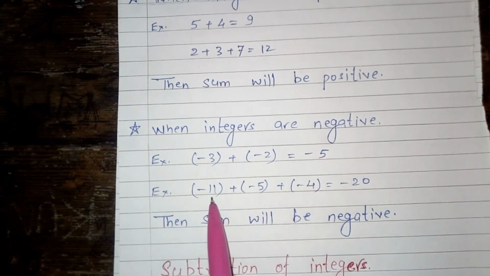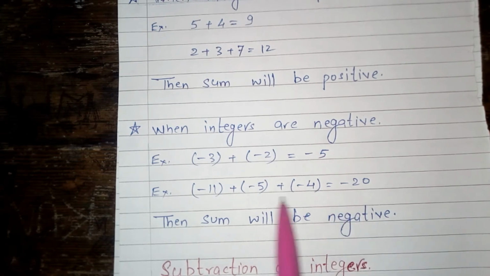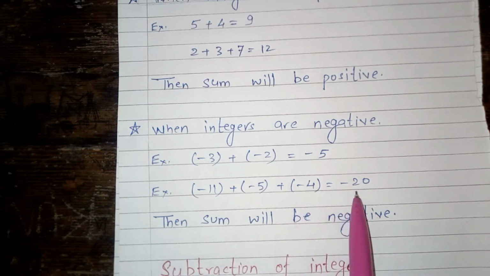Now look here, first integer -11, second integer -5, third integer -4. After adding you will get -20. As you know very well, the sum of negative integers is always negative. So the sum will be negative.